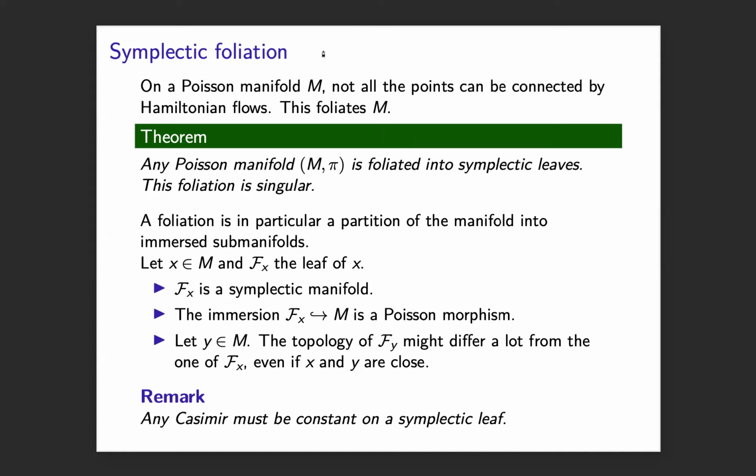It means that for any H in C infinity of M, you may at least locally integrate the flow of H and follow this trajectory.